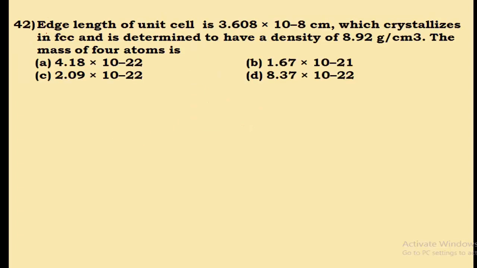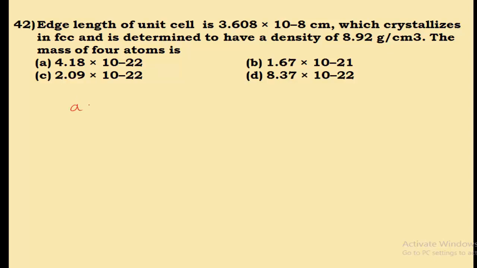Now 42nd. The edge length of a unit cell is 3.608 into 10 raised to minus 8 centimeter, which crystallizes in FCC and is determined to have a density of 8.92 gram per cubic centimeter. The mass of 4 atoms is. So first write down what they have given. You need to find the mass of the atom first, then the mass of 4 atoms.